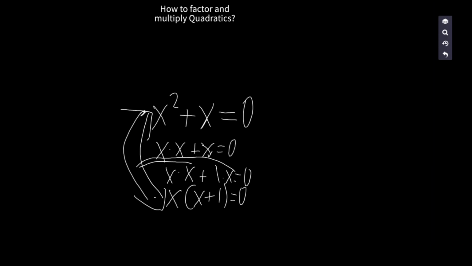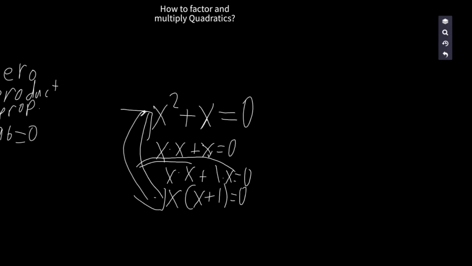And now we can use a trick called the zero product property to help solve for x. The zero product property is actually kind of intuitive. Basically what it says is that if we have 2 products, A and B, and we multiply them together and they equal 0, then either one is 0 or the other is 0.